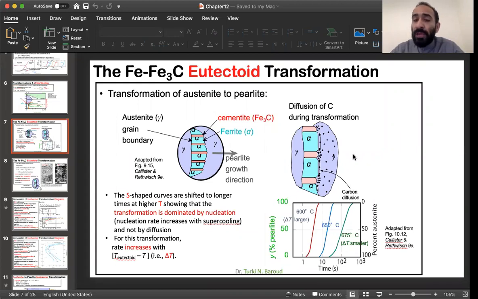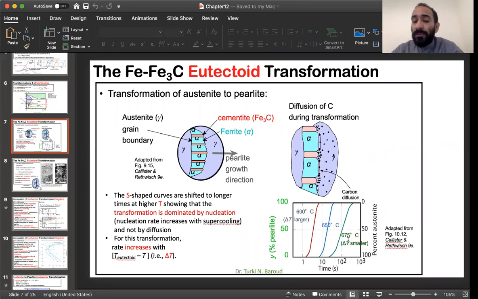So if you cool down to a lower temperature, you're going to provide much less energy to the carbon atom. So the carbon atom is going to have a shorter diffusion length, and as a result you're going to have a different pearlite compared to a higher temperature.